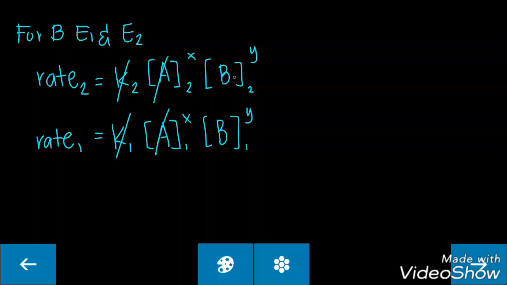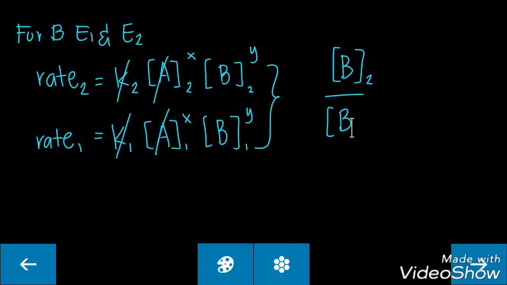So what we can do here is concentration of B2 over concentration of B1 raised to Y.